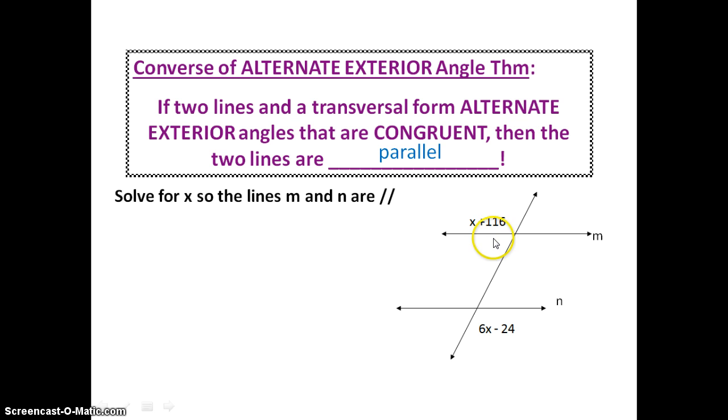Well, for M and N to be parallel, these two alternate exterior angles have to be congruent. So I need to set them equal. Then you're going to solve for x, and you will get that x is equal to 28.